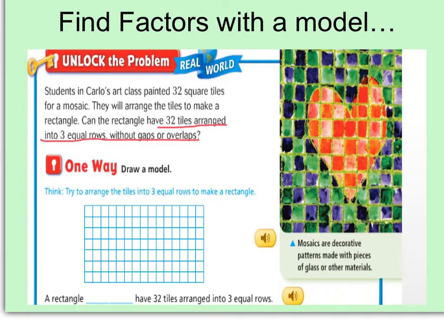So that means I'm going to do 3 equal rows, 1, 2, 3, and arrange the tiles in that manner till I get to 32. 4, 5, 6, 7, 8, 9, 10, 11, 12, 13, 14, 15, 16, 17, 18, 19, 20, 21, 22, 23, 24, 25, 26, 27, 28, 29, 30, 31, 32.